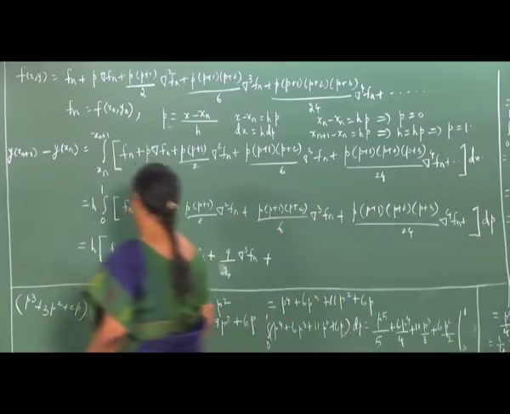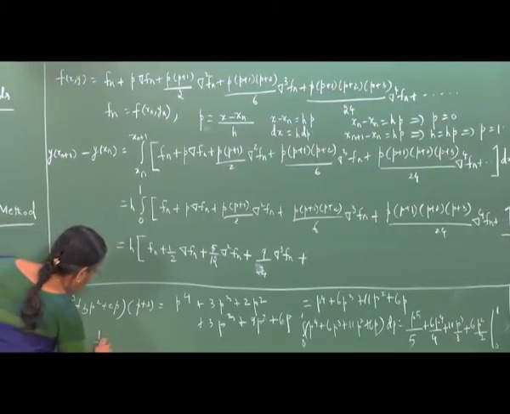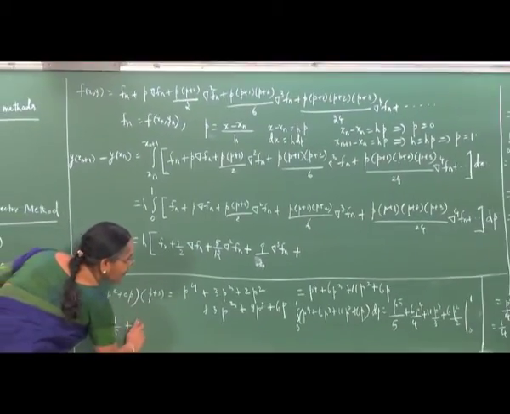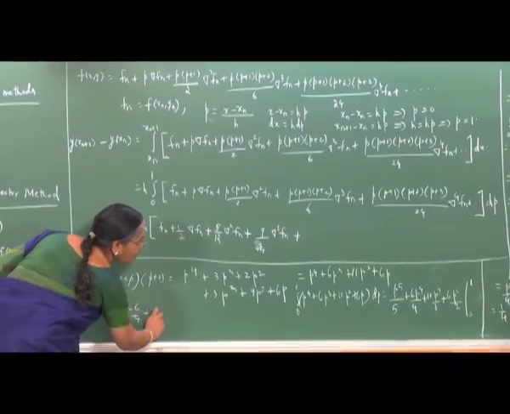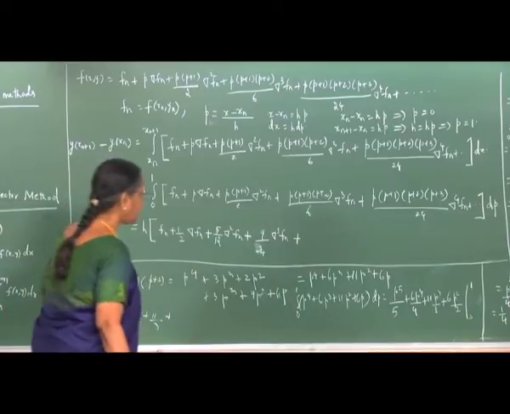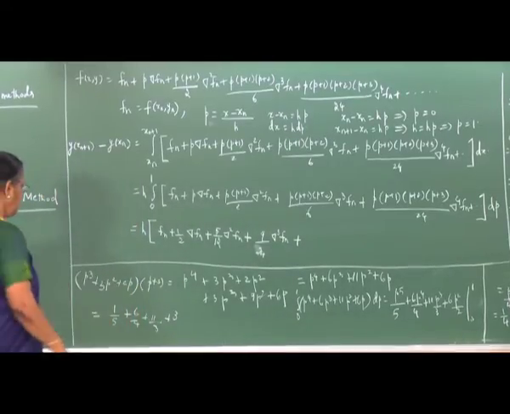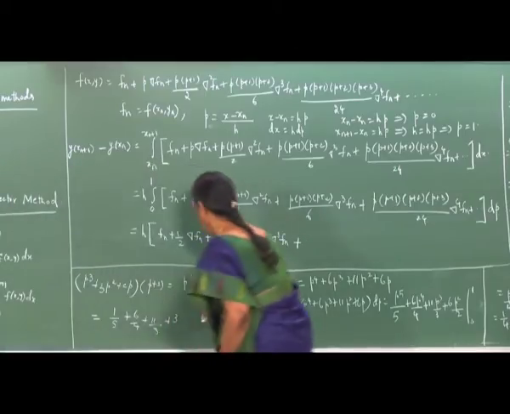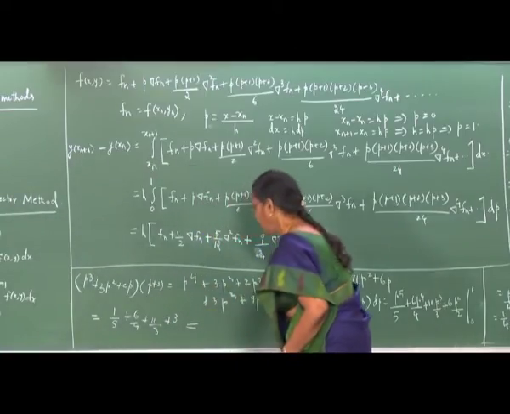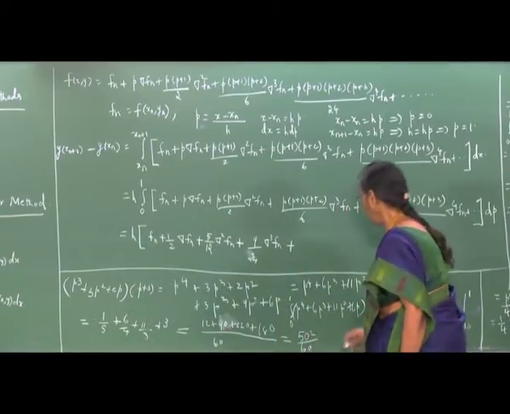So, let us substitute for p the upper and the lower limit. That gives you 1 by 5 plus 6 by 4 plus 11 by 3 plus 6 by 2. So, if you evaluate this, then you get 502 by 60.